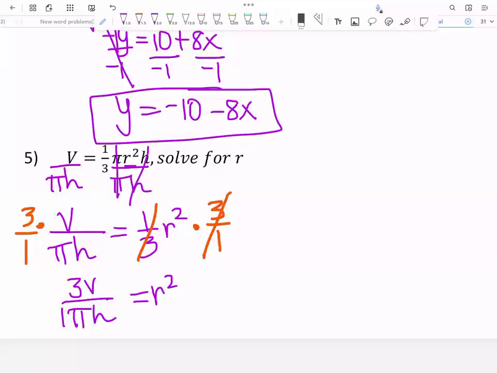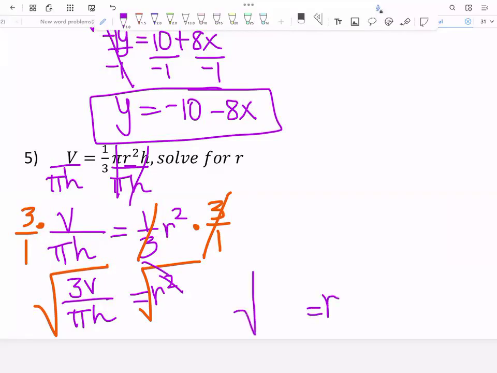So remember the 1 is kind of unnecessary. And then we need to get rid of the squared. So the opposite of squaring something is taking the square root. When you take the square root, the square and the square root cancel, and you're just left with r. So we have r equals the square root of 3b over pi h.